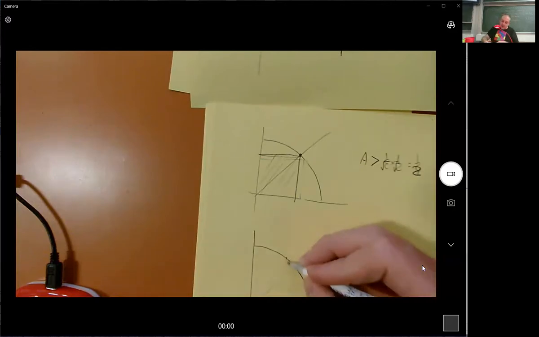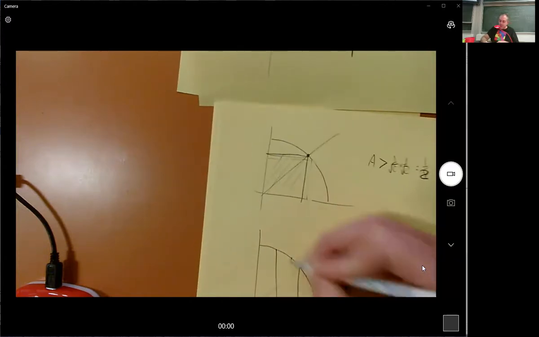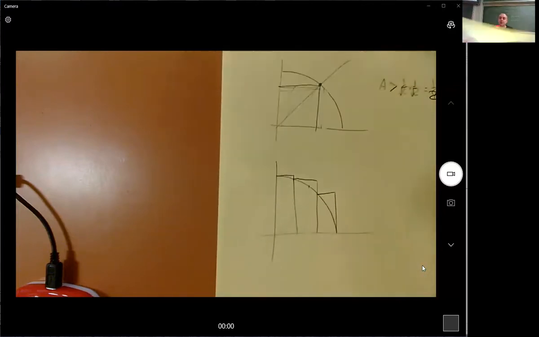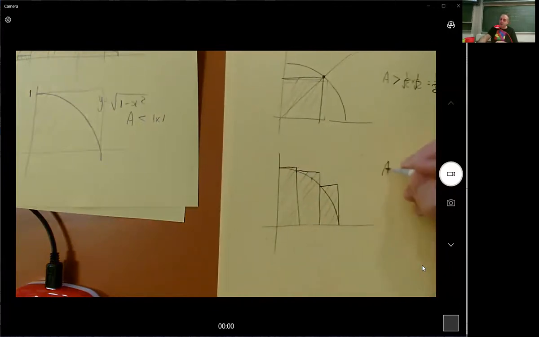But if I cut it into, say, 3 pieces, then I would know that it's this rectangle and this rectangle and this rectangle, those 3 rectangles, the area's got to be less than them. So the true area is less than whatever those 3 rectangles add up to.